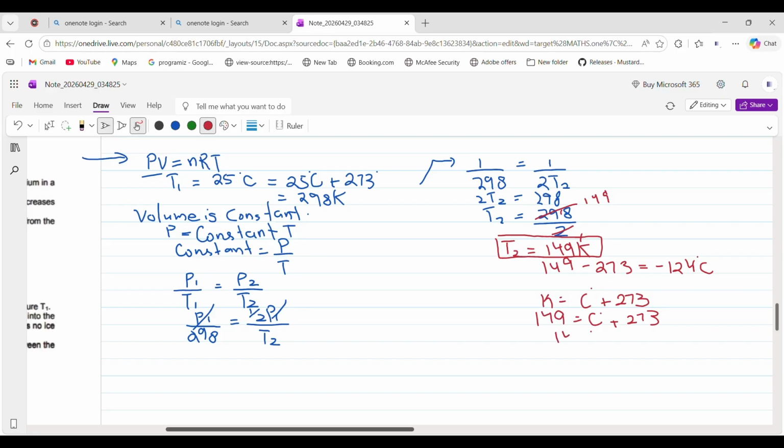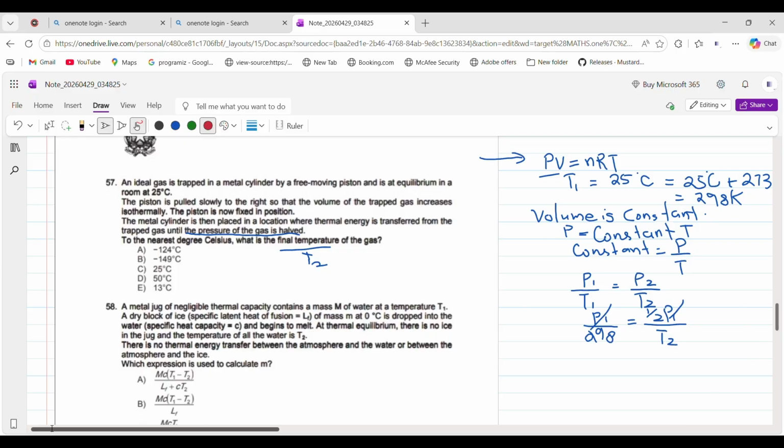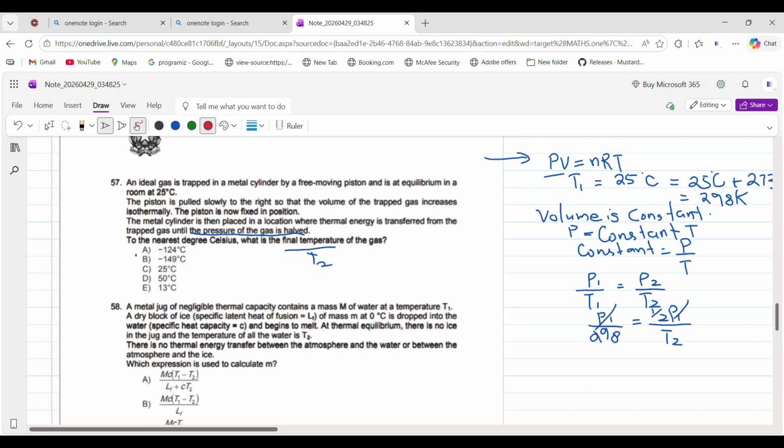So 149 minus 273 is equal to centigrade. When you subtract 273 from 149, it comes out to be minus 124 in centigrade. And it is our option 1, minus 124.